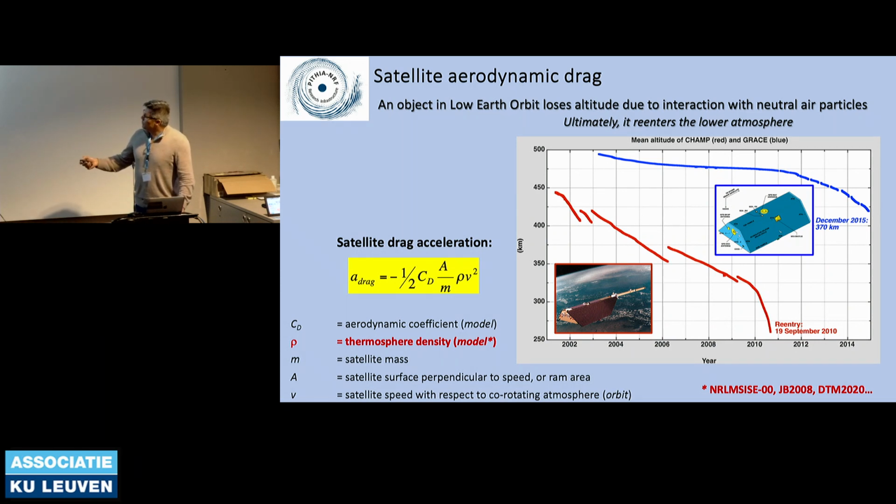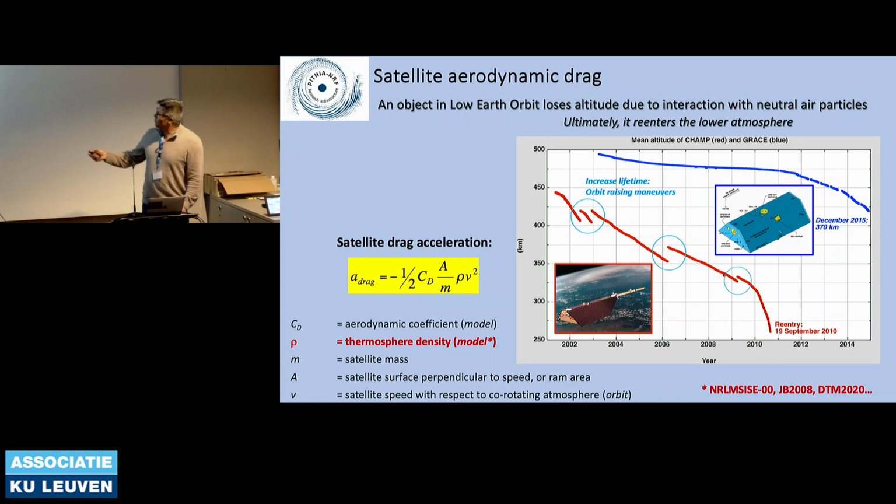So in this example, what you see here is time in years since the beginning of the mission of CHAMP in red and GRACE in blue. GRACE stayed very long at a relatively stable altitude. And for CHAMP, it re-entered in September 2010.